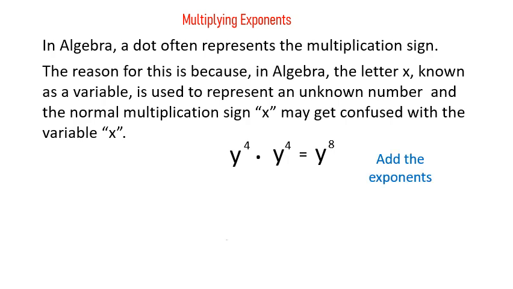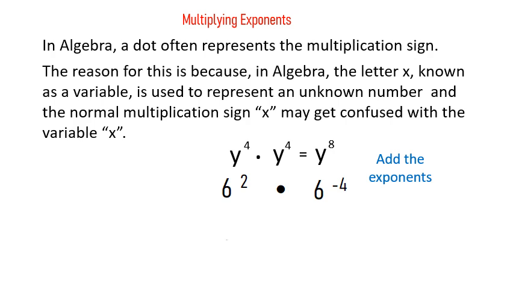When you multiply exponents, as long as the bases are the same, in this case the base is y, you add the exponents. y to the 4th power times y to the 4th power equals y to the 8th power. Here's an example. 6 to the 2nd power times 6 to the negative 4th power.